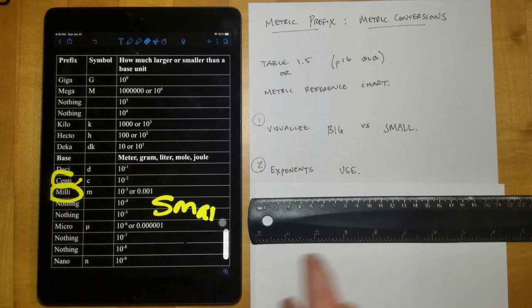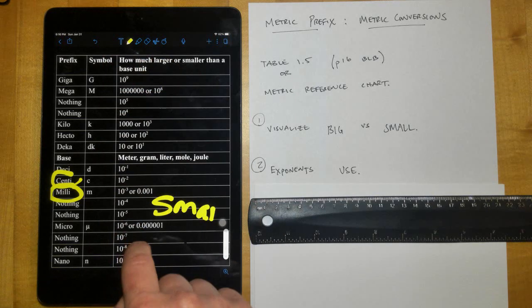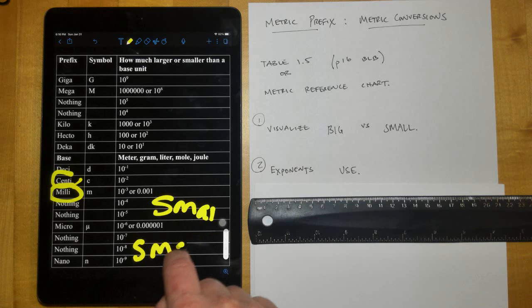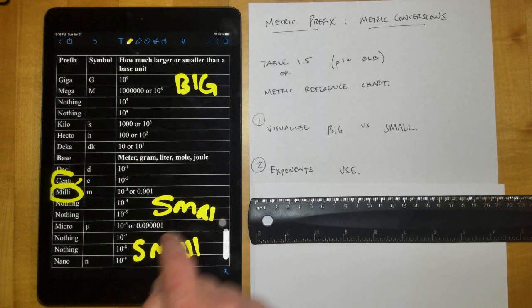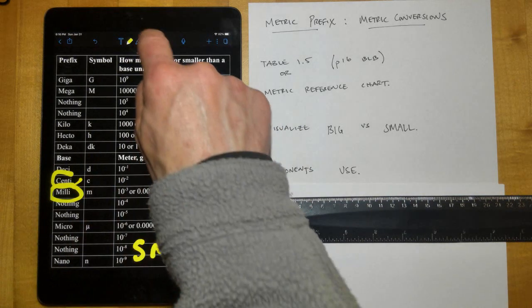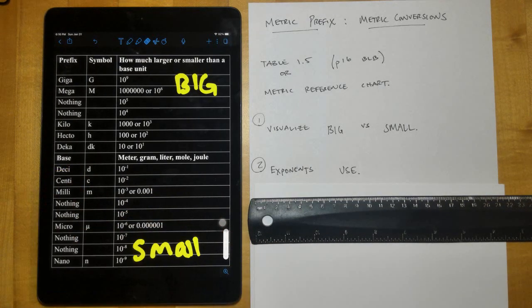So always think that these are the small units down here. Let me get something so I can write with. These are the smalls, and these are the bigs up here. Keep in mind that you're always going to work from small to big, because then you can tell where you are and how many there are of each one.